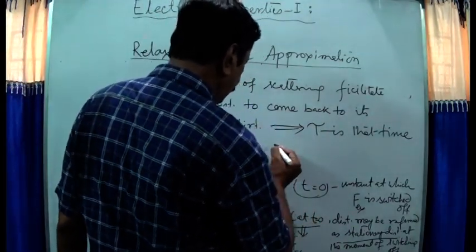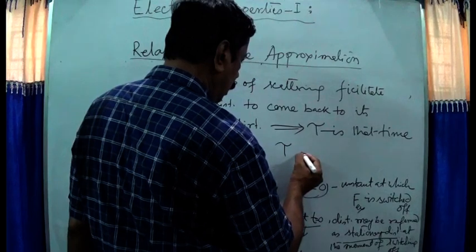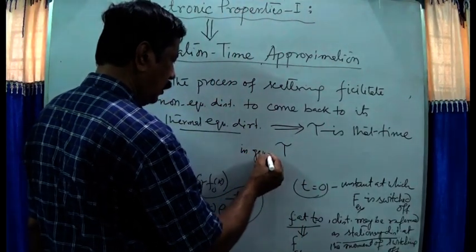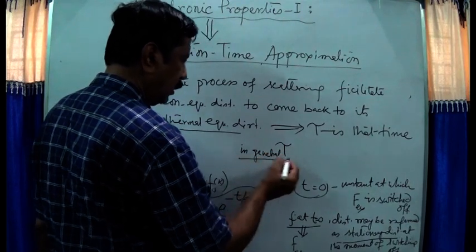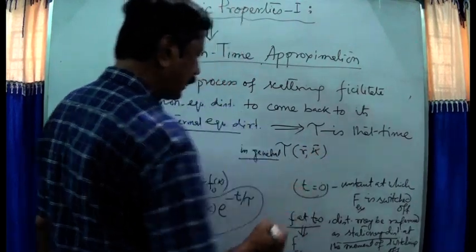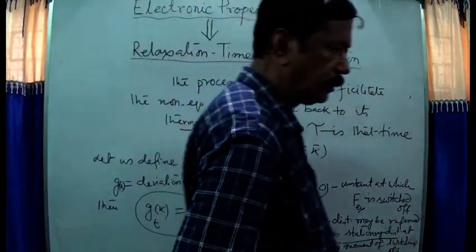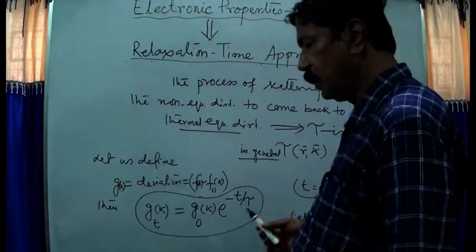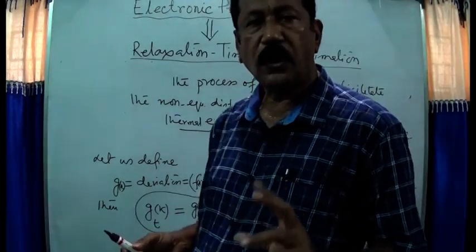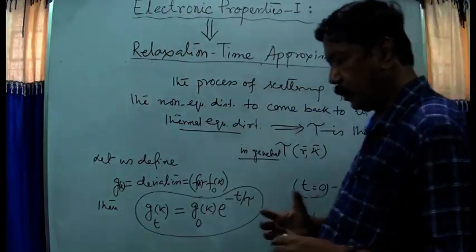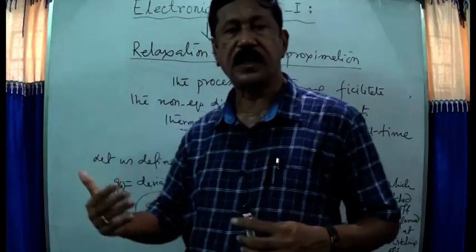Now this time tau is in general a function of R and K. It should not be a constant value. It must depend on how much the deviation is created.